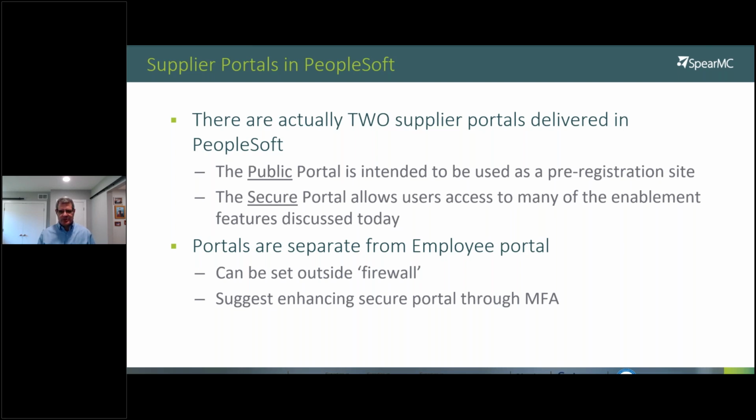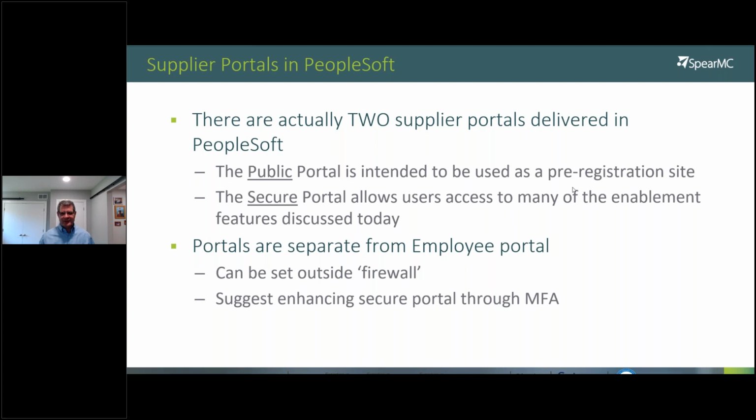As the names would suggest, the public portal is intended to be exposed for just your casual user who might be interested in becoming a business partner with your organization. It gives them some information and allows them to submit a registration, since they're probably not pre-registered, asking if they can become partners with you in some capacity.